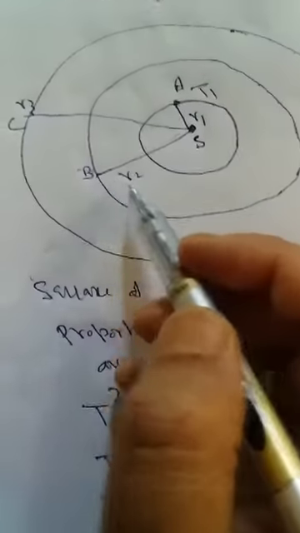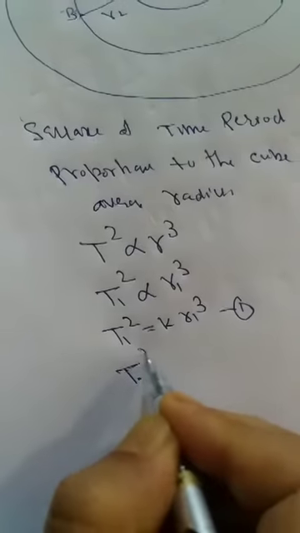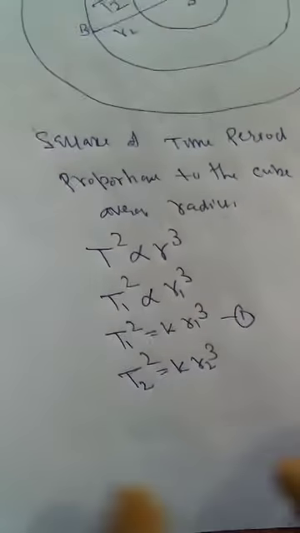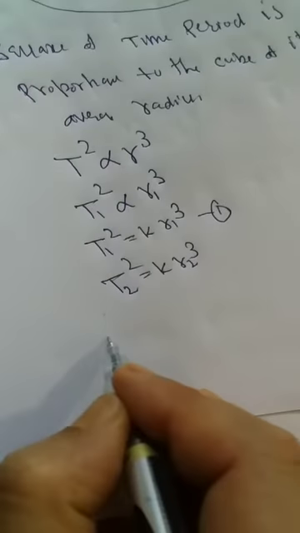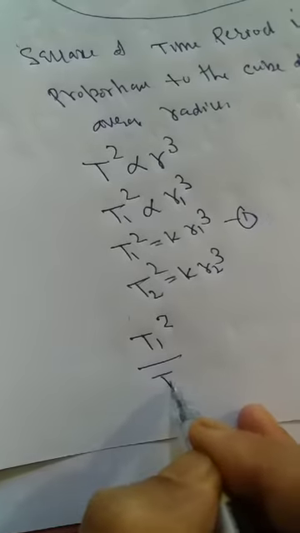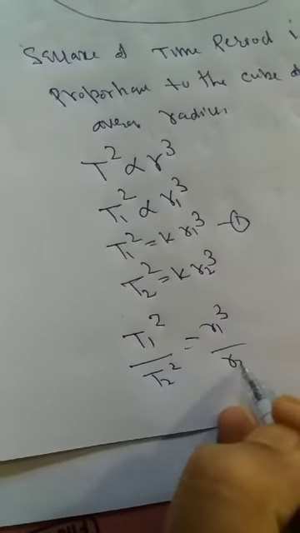For this planet, suppose its time period is t2 and its average radius is r2. Similarly, t2 squared is equal to k, a constant, times r2 cubed. If we divide these two, t1 squared divided by t2 squared is equal to r1 cubed divided by r2 cubed.